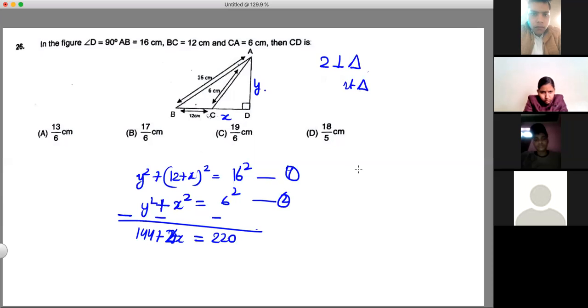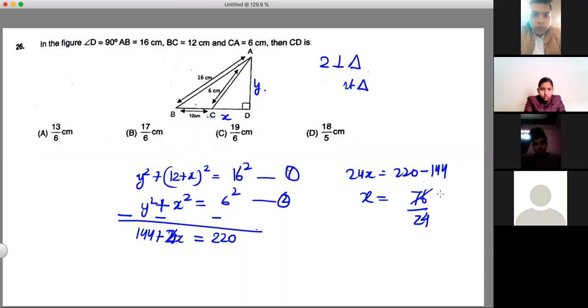So 24x is equal to 220 minus 144, that is 76. So x is 19 by 6. C is the answer.